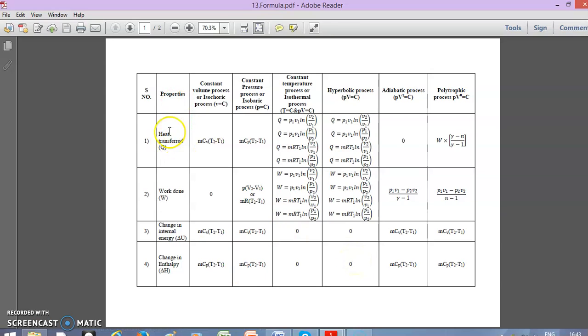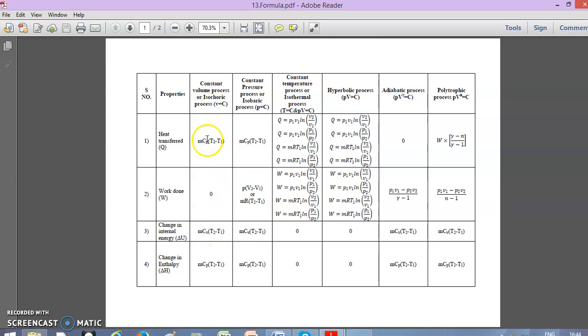Now for heat transfer Q, the first law of thermodynamics says that Q is equal to del U plus W. And here W is equal to 0, so Q will be equal to del U. Therefore Q for a constant volume process has the same formula as the change in internal energy: m Cv (T2 minus T1).